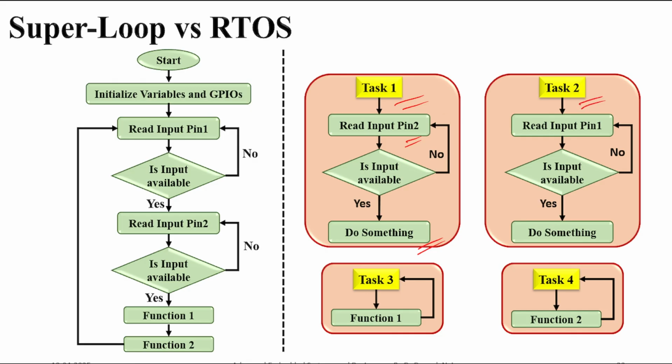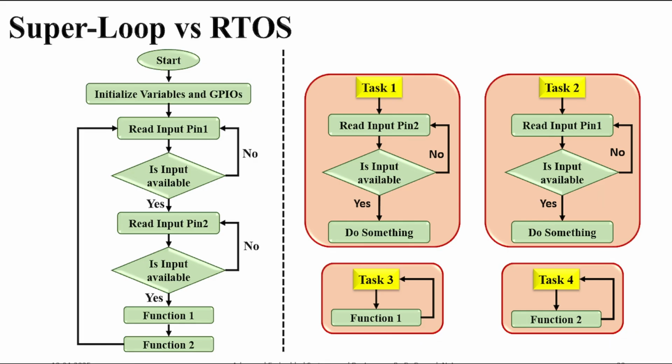Task 2 can be reading pin number 1 and, based on the condition, taking some event. Third, maybe some functions to add or subtract or do some signal conditioning, and similarly task 4 is also related to signal conditioning.